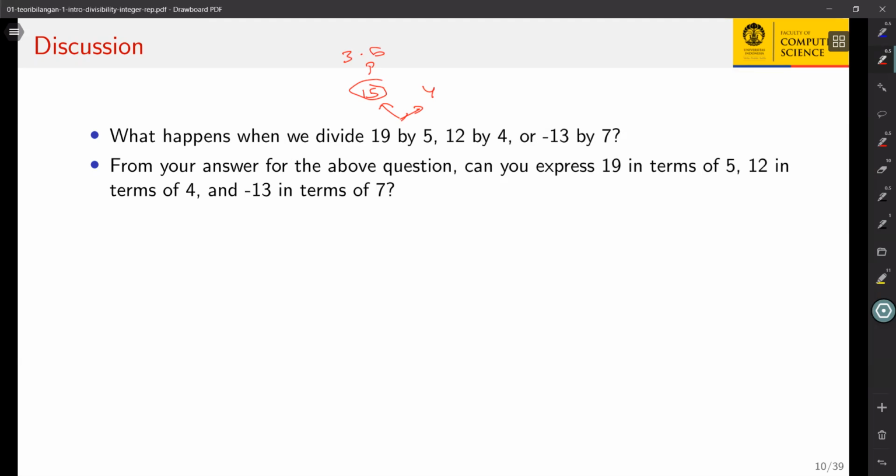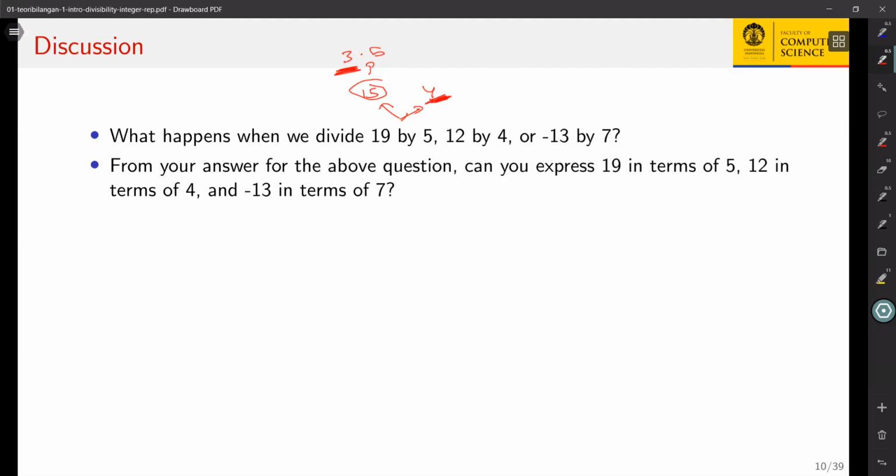So that means when you divide 19 by 5, you essentially get two numbers if we want to stick with integers, right? We don't want to go outside integers. So you get two numbers, namely 3 and 4.